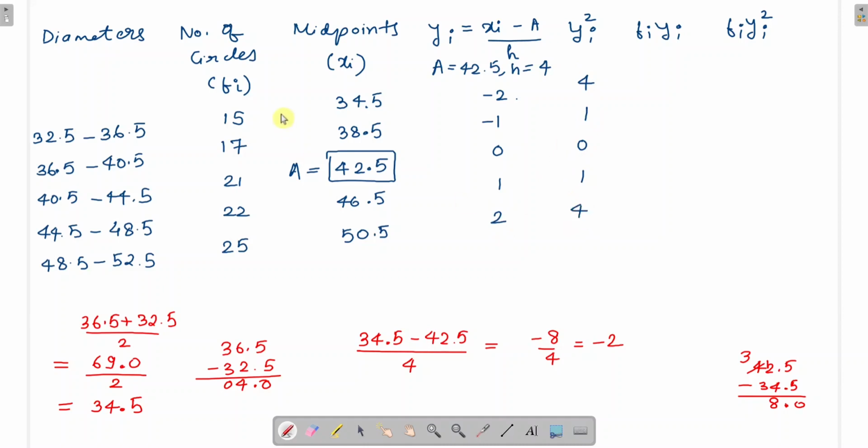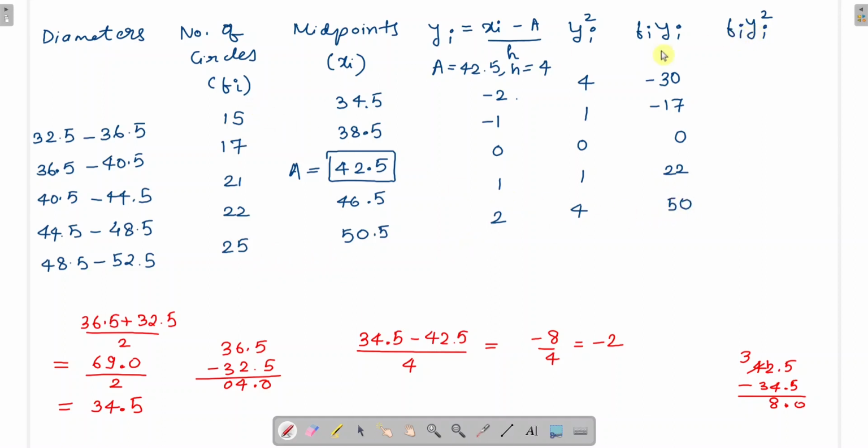Now fi yi: 15 times minus 2 which is minus 30, 17 times minus 1 which is minus 17, 21 times 0 is 0, 22 times 1 is 22, and 25 times 2 is 50.